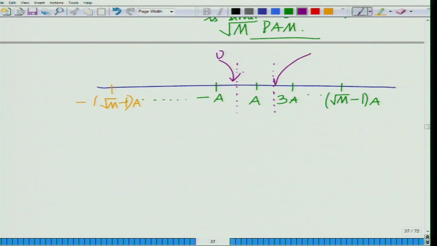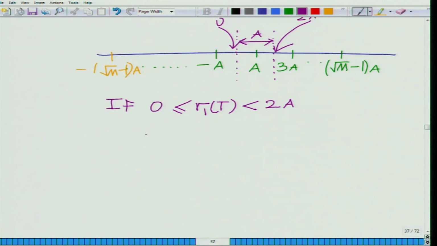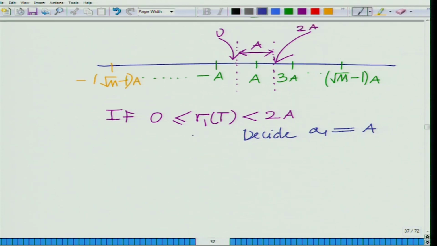The midpoint here between A and 3A is 2A, and if it lies between these two thresholds, then decide A. That is, if 0 less than or equal to R1(t) less than 2A, then decide A1 equals A. Okay. So, this we have already seen before, and similarly we have other decision rules.